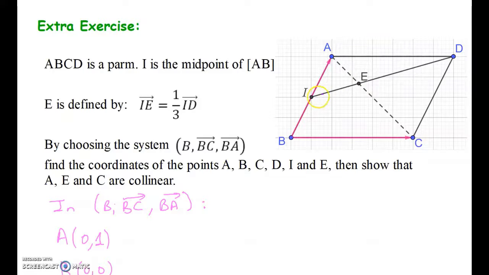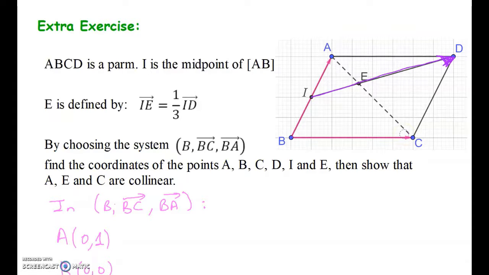Okay, so now we have 1 over 3 ID. But what do we know about ID? I can decompose ID as the sum of two vectors. Which two vectors should I choose? I should choose two vectors that would give me something related to AB and AD. Because remember, the first thing we said is that AC is AB plus AD.